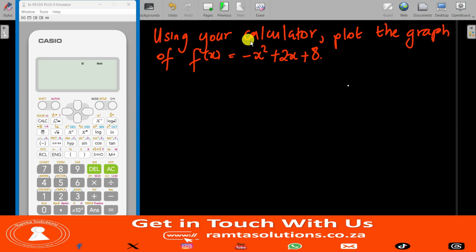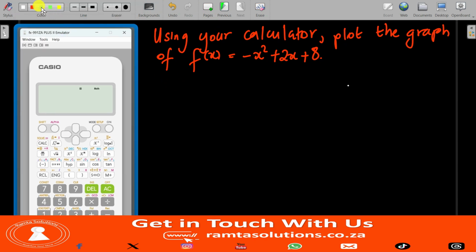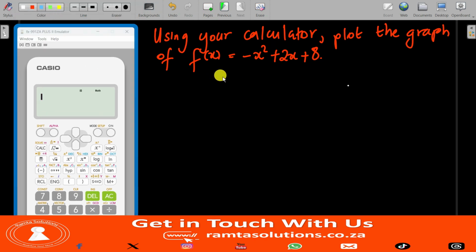You do recall that when you are on your calculator, because you're using an equation, you will need to ensure that you are in the form ax squared plus bx plus c equals 0.